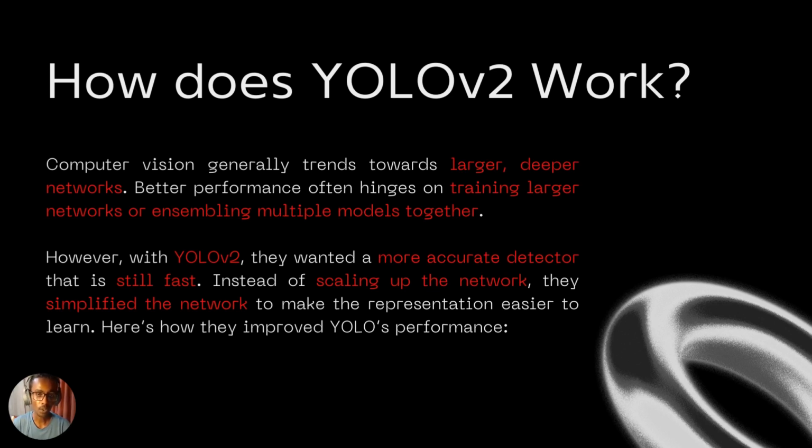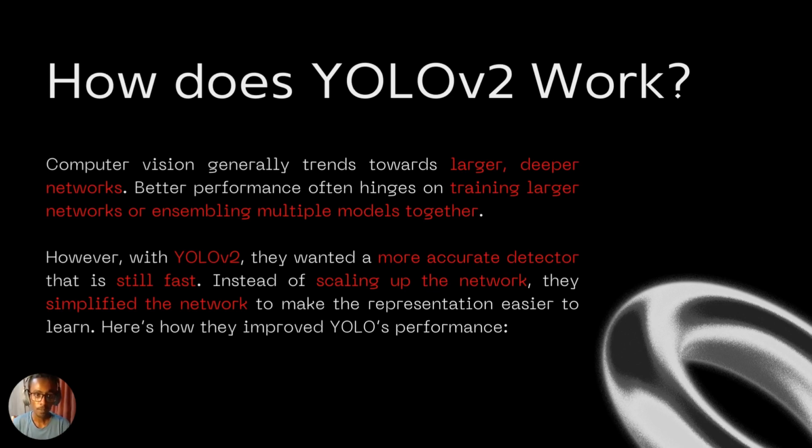You can also include an ensemble of multiple models in order to push that accuracy further. But the drawback of this kind of method is that when you increase the size of the model, you're going to need higher computation in order to perform the convolutions, and the speed is going to be reduced significantly.